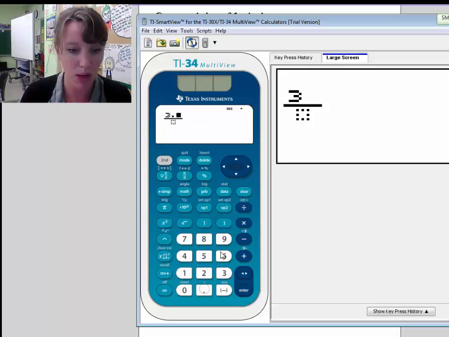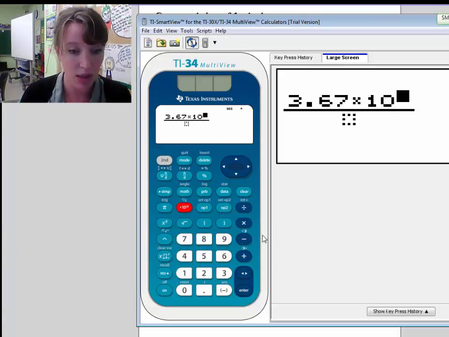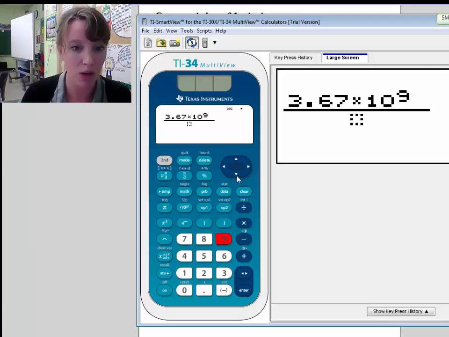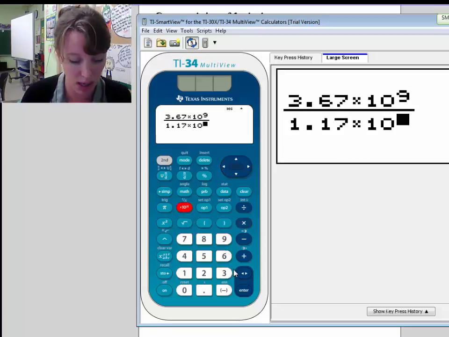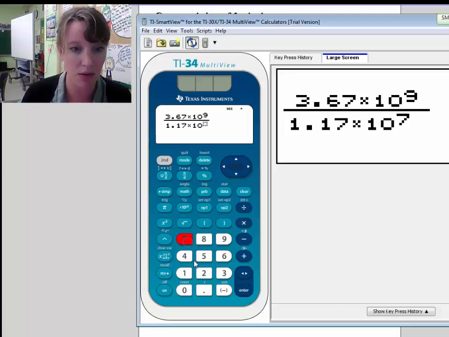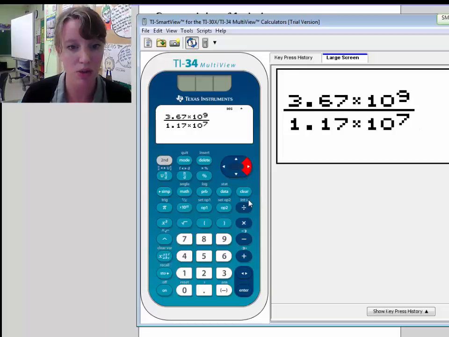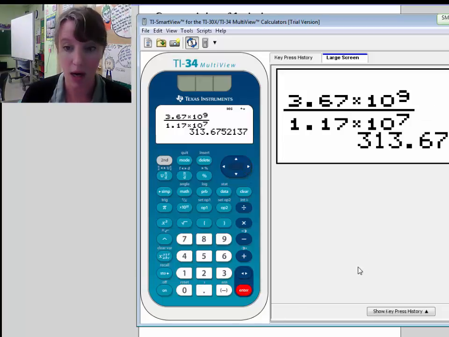So 3.67 times 10 to the 9th power, and then I can go down so that I can get into the denominator, and then it was 1.17 times, oops, let me go over and use the times 10 to the exponent of 7, okay? And if I go to the right here so that I'm on the side, I can press enter and it will give me the 300.